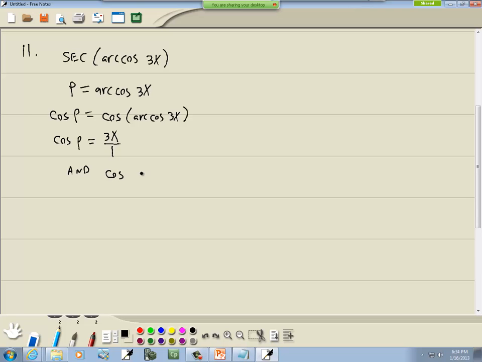Now remember, cosine is adjacent over hypotenuse. So if we do our triangle here, if this is P, because I chose P, adjacent would be 3x, so this would be 3x. Hypotenuse would be the number down, 1, because it's the denominator. And this would be our opposite side, so we need to use the Pythagorean Theorem to get that.